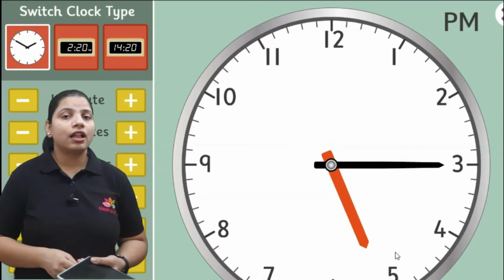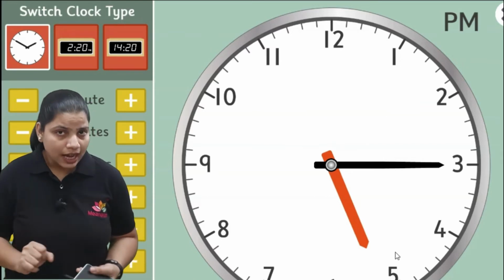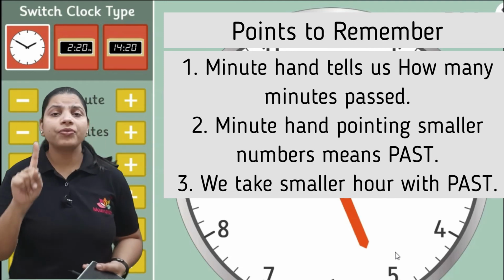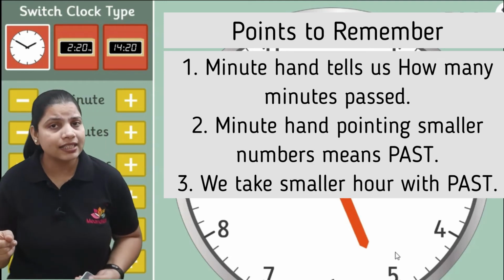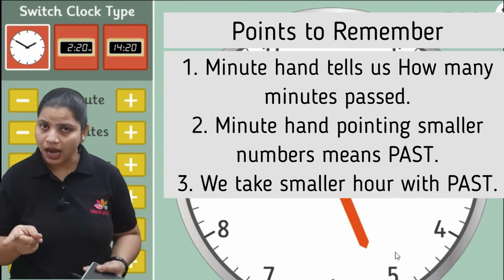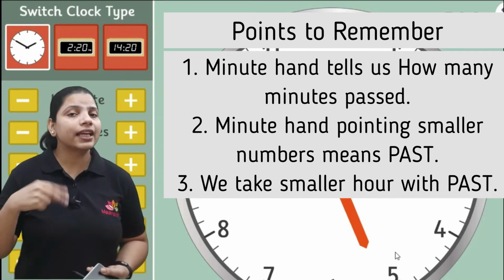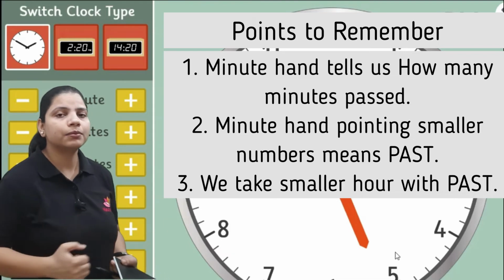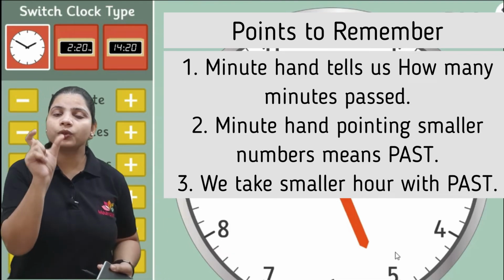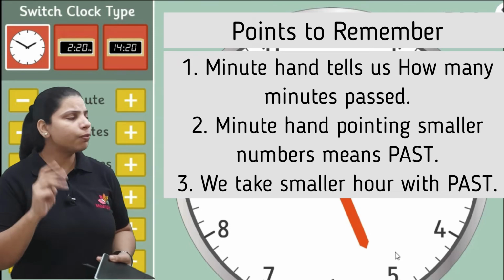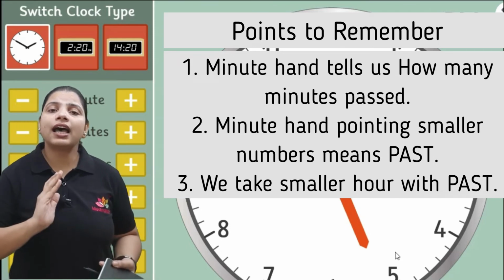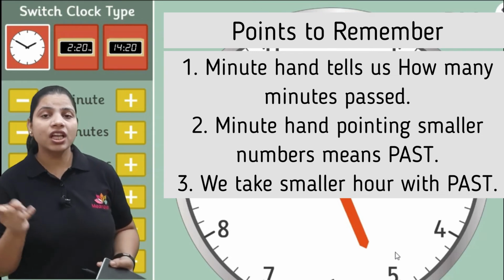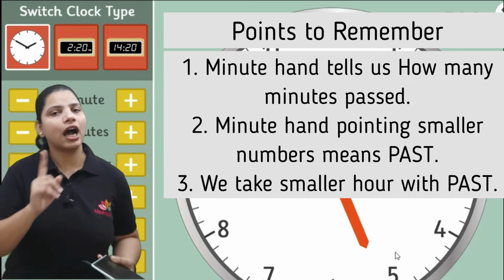Now, you just need to jot down just 2-3 things. First, our minute hand tells us how many minutes passed. Second, if the minute hand is towards the smaller numbers, we always use the word past. Third, if the minute hand is showing past, we will always use the smaller number for the hour.